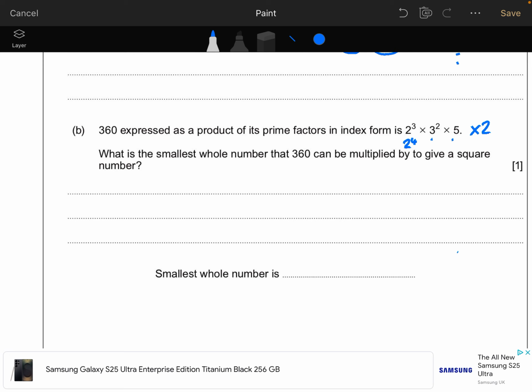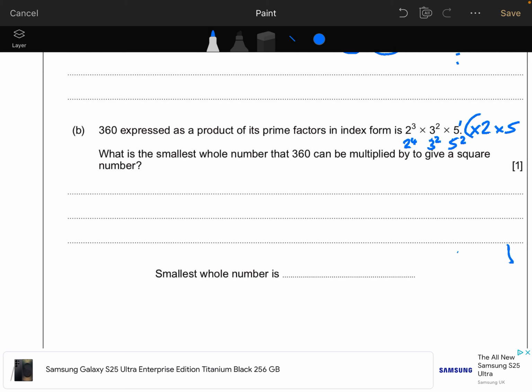That's even. 3 squared is okay, because that is an even power, but 5 is not. There's a missing 1 that we don't normally write in there, so I need to multiply by another 5, because that will make it 5 squared. Now all the powers are even. It's a square number, the total value.